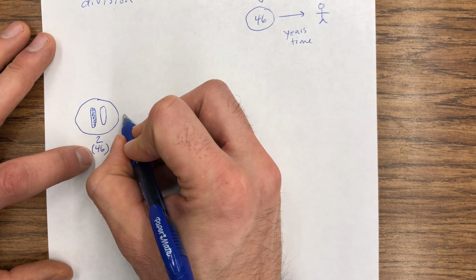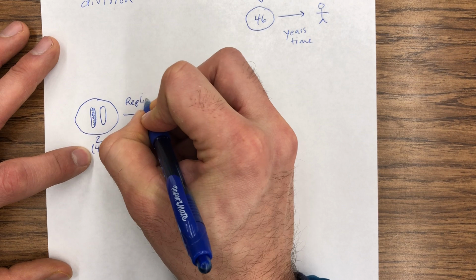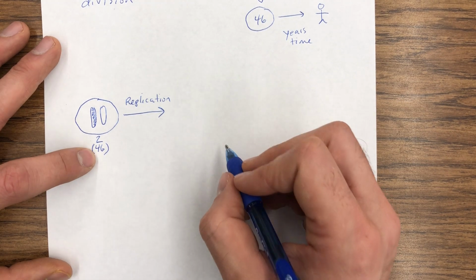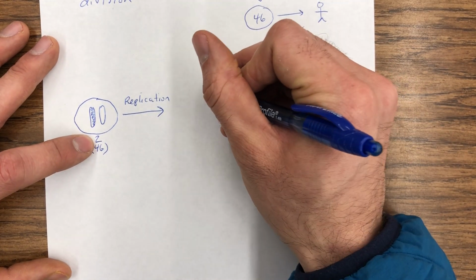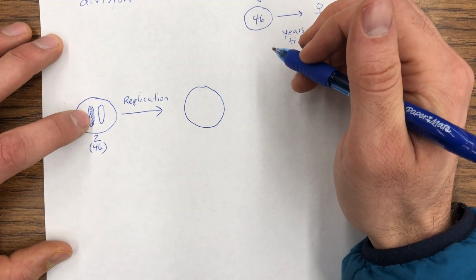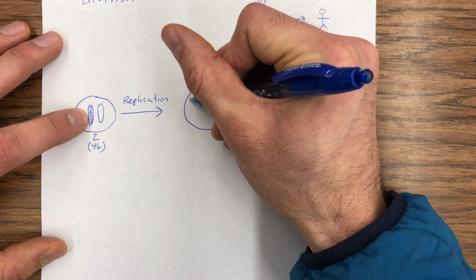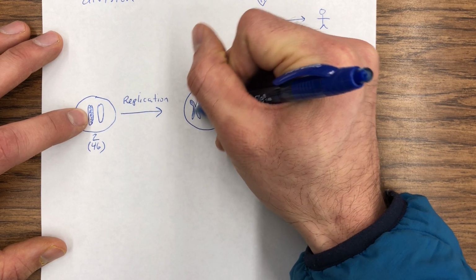So before meiosis can actually happen, what this has to do is go through replication. It replicates its DNA. So now, instead of 46 chromosomes, it's going to have 92, or 2 goes to 4. And if you'll remember from mitosis, this dark one is going to turn into this kind of weird-looking X structure, which we'll color in.